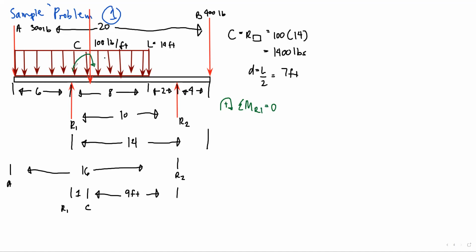Okay? So as always, all counterclockwise positive. Okay? So para di kayo maligaw, mag-rotate kayo. Okay? 1, 2, 3, 4. Okay? So makikita nyo, positive yung C. Okay? So C is positive with a distance of 1. Diba? Tapos negative yung R2 with a distance of R1 to R2, 10. Okay?